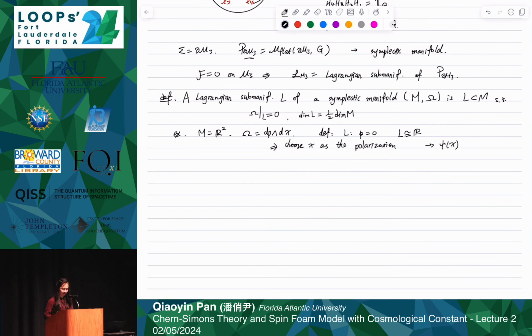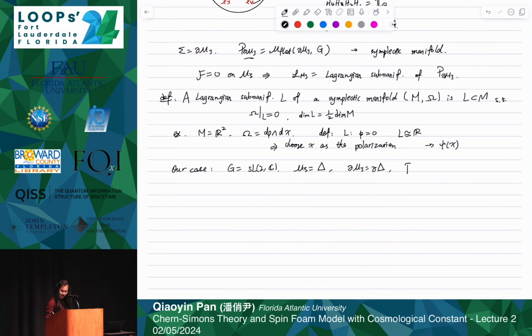Okay, this is just to give you some general definitions. Now our case. Our group is SL2C. Our three-manifold is an ideal tetrahedron. Then its boundary is just the boundary of an ideal tetrahedron.